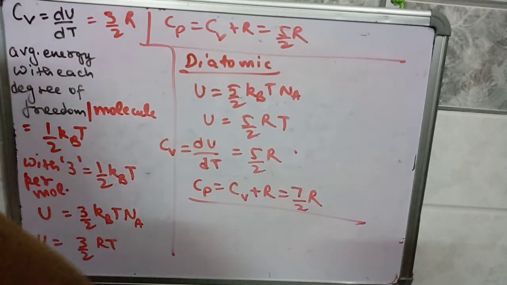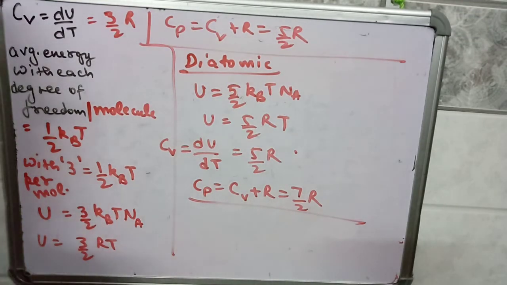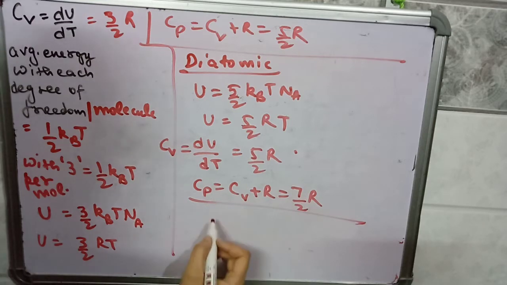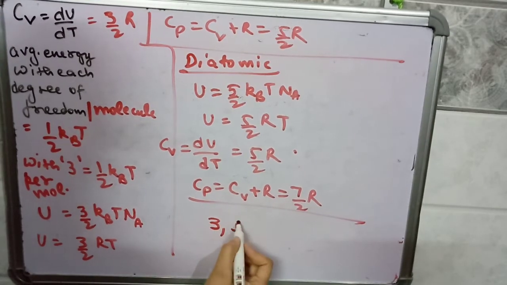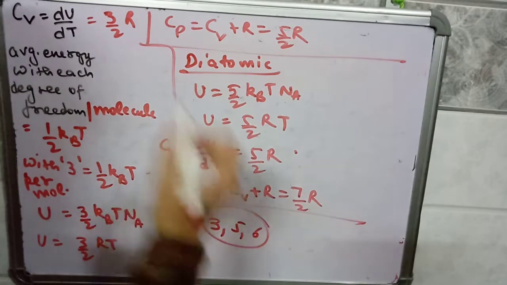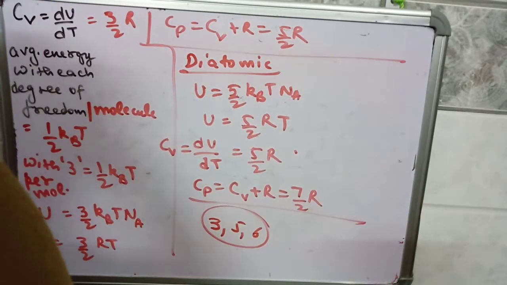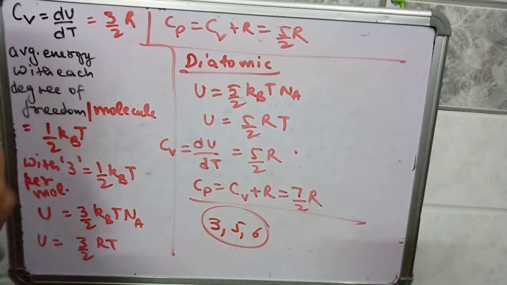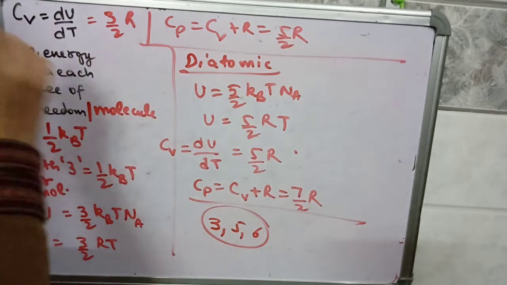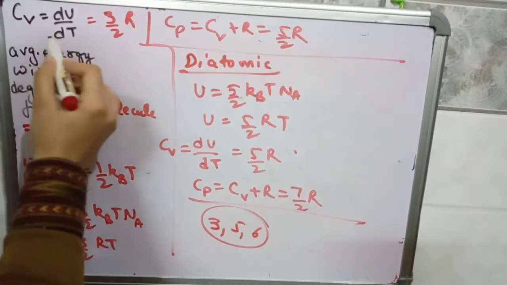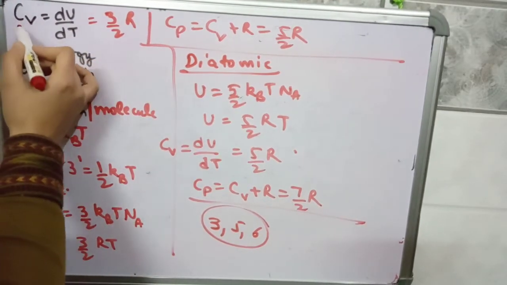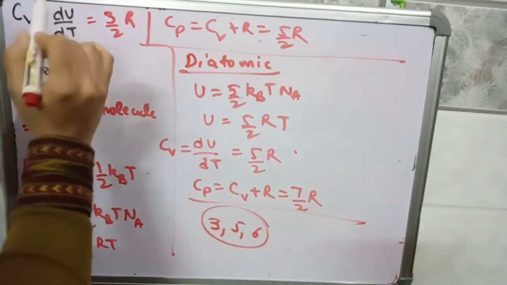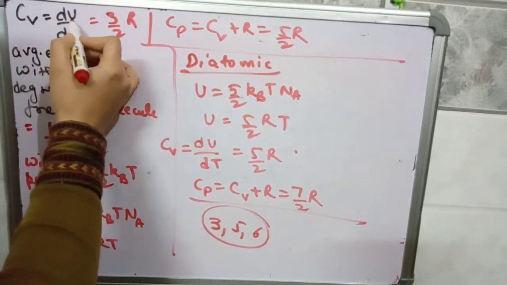Now let us calculate the specific heat of gases. We have discussed the degree of freedom: for monoatomic gas it is 3, for diatomic gas 5, and for triatomic gas 6. So how will you calculate the specific heat? Suppose you are calculating specific heat at constant volume, for 1 mole of a gas. It is dU by dT.